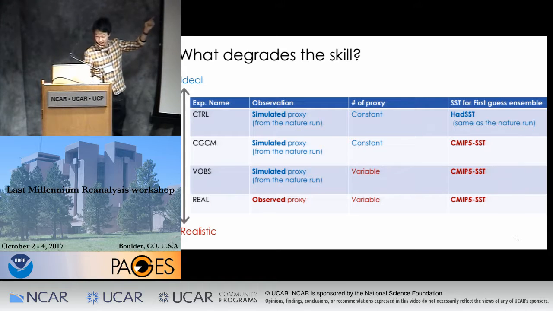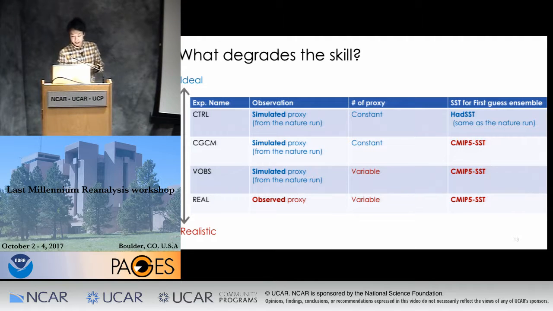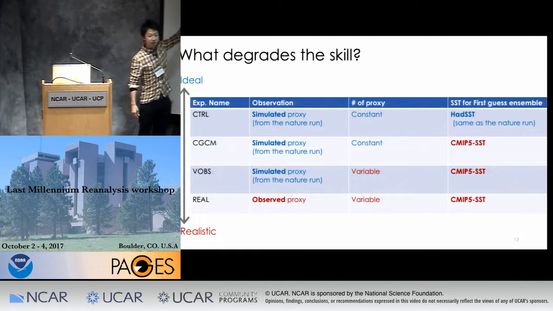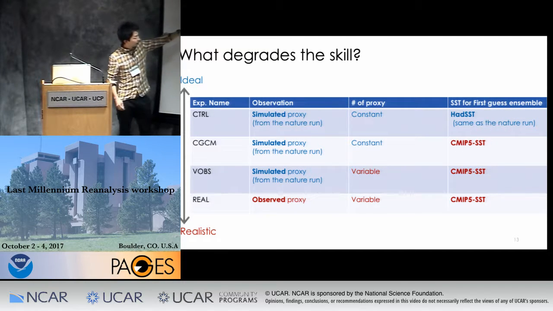That is, one is CZCM, in which I changed the SST data to drive AGCM. So in this case, nature run is still OSSE, but the SST used to create nature run and background ensemble is different.